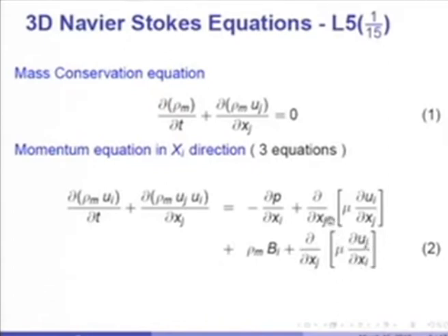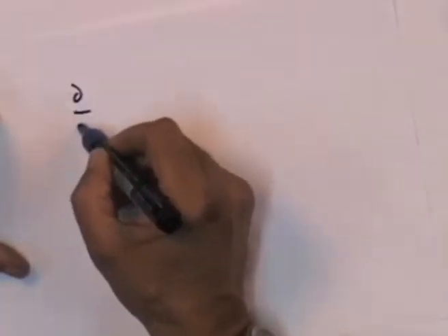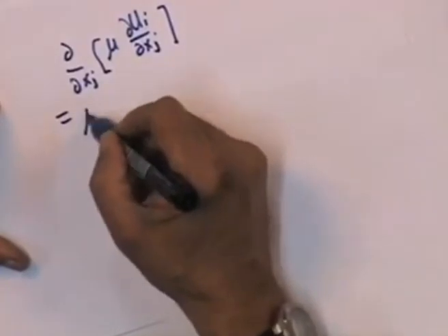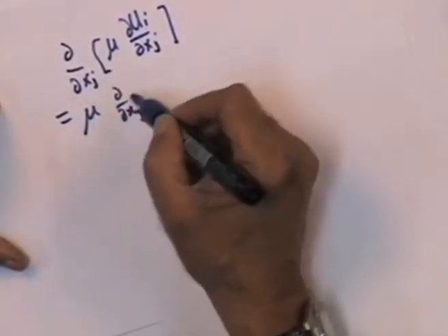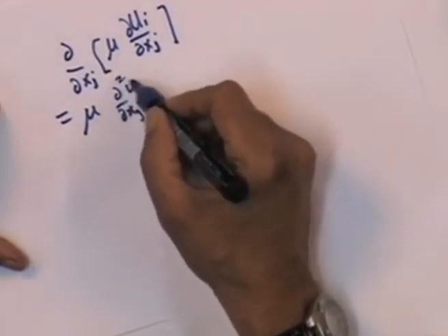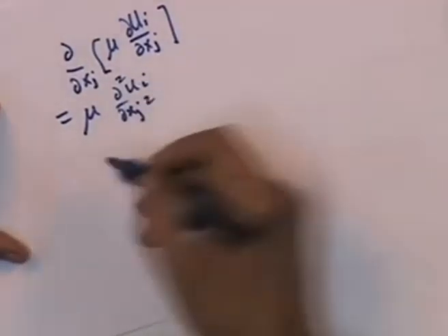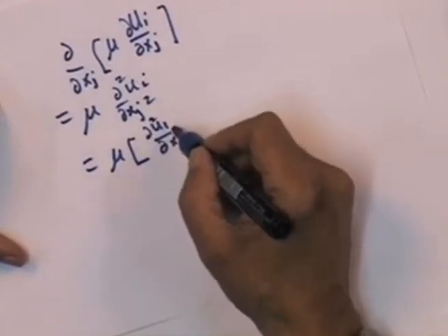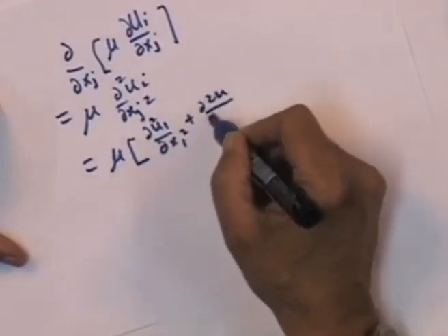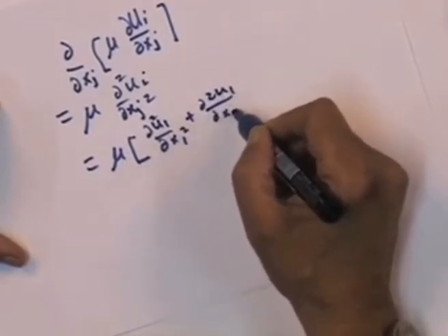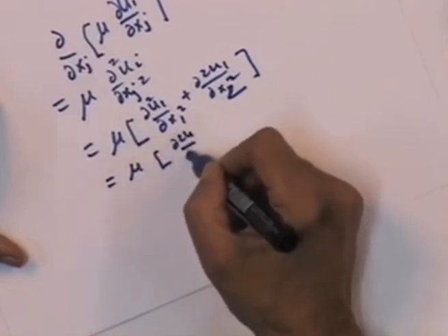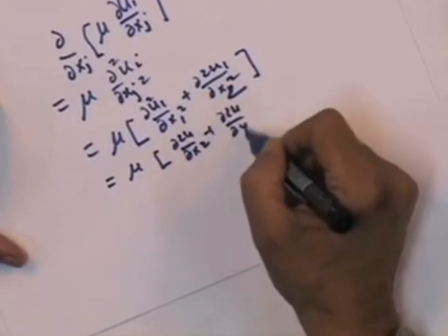Now, let us look at this term. This term says that d by dxj of mu dui by dxj, for constant viscosity, will be mu times d by dxj of dui by dxj, and in two dimensions this will simply be d2u1 by dx1 square plus d2u1 by dx2 square, and with our replacements, this will be mu times d2u by dx square plus d2u by dy square.